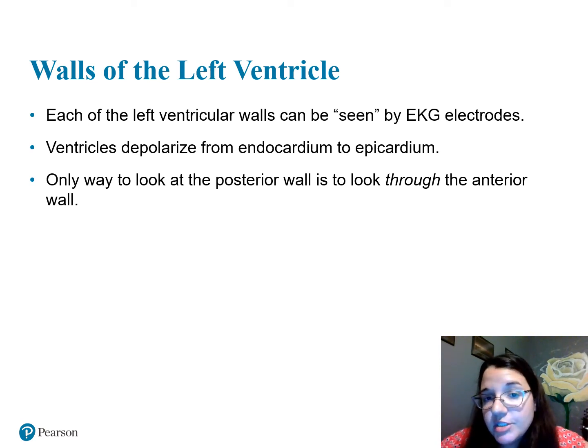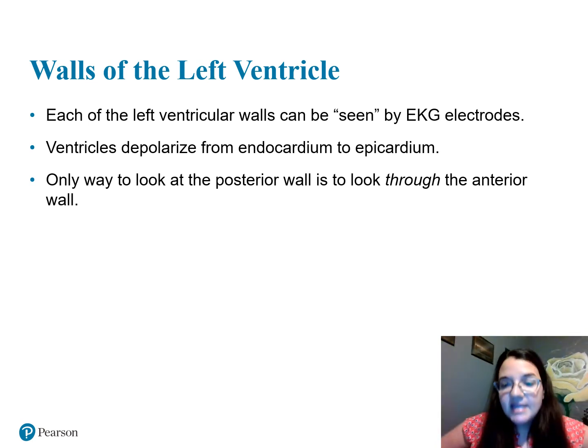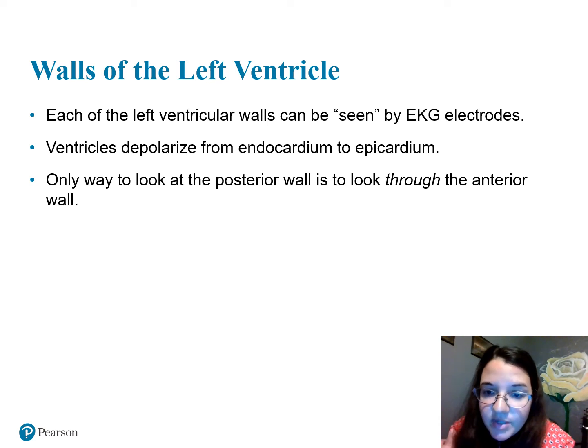Your ventricles, they depolarize from your endocardium to your epicardium. So think about that impulse. Where does that impulse originate? It originates in my myocardium, the middle layer of the tissue. My ventricles are going to depolarize when that conduction system impulse touches from the endocardium to the epicardium.